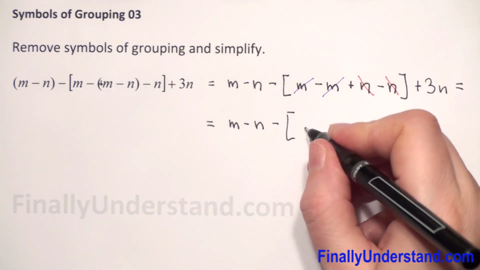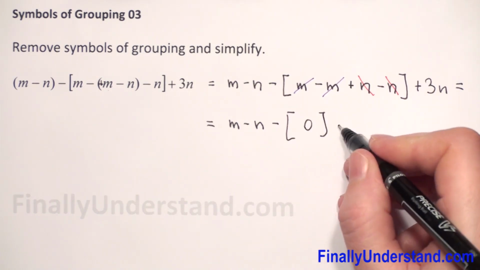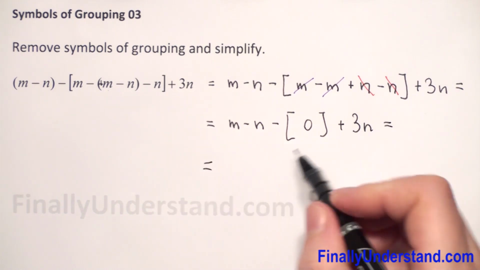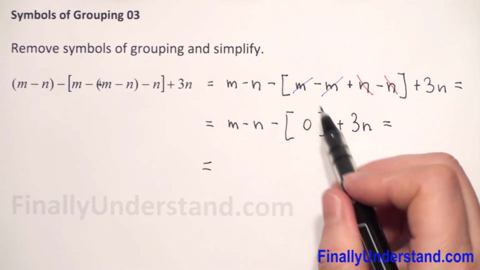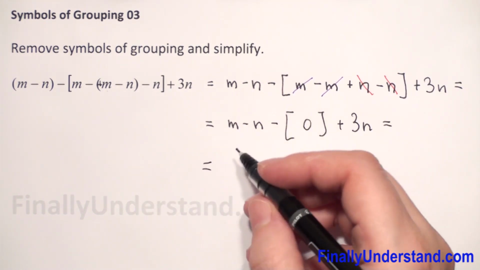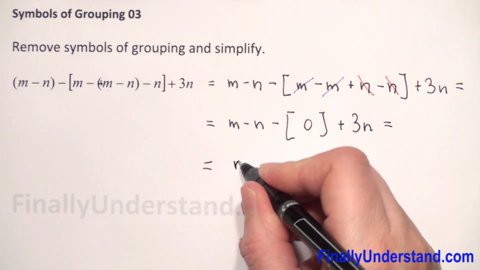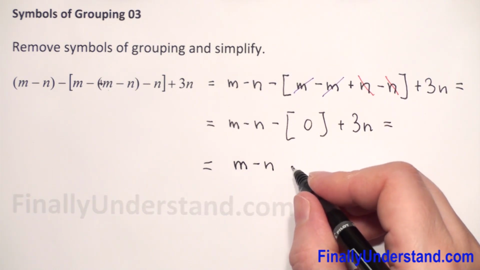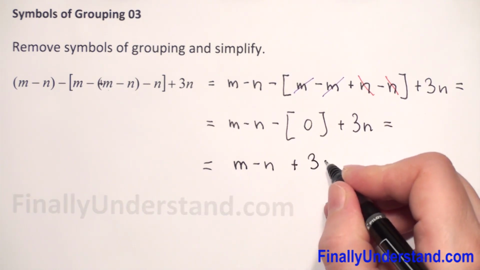So in brackets we have 0, and we have plus 3n, so this is equal. We don't have to write the 0, so we take down these brackets, and let's forget about 0, so we have to copy m minus n, and now it will be plus 3n.